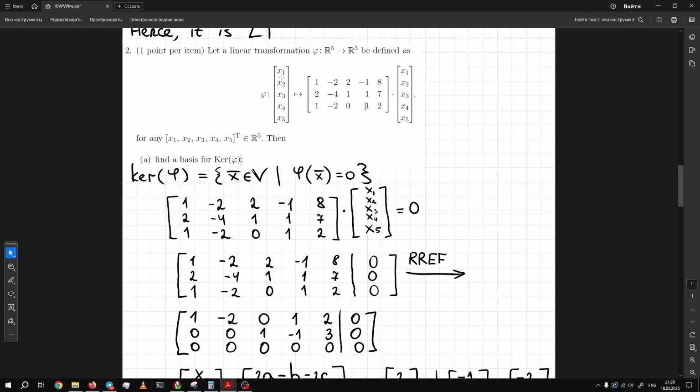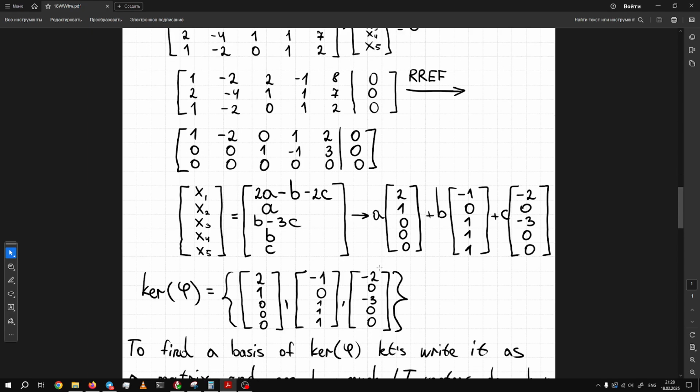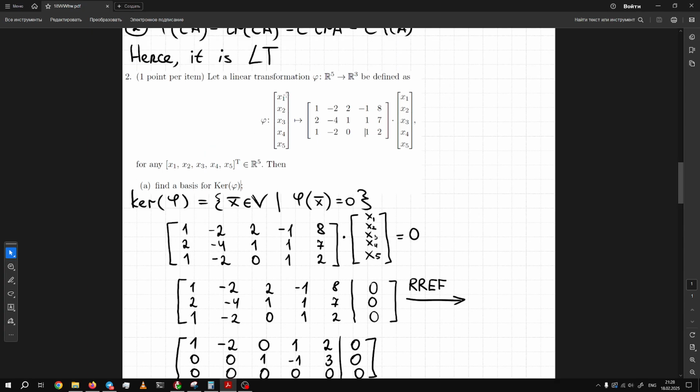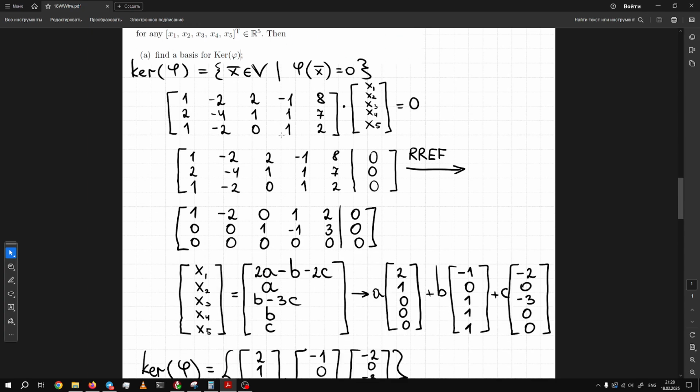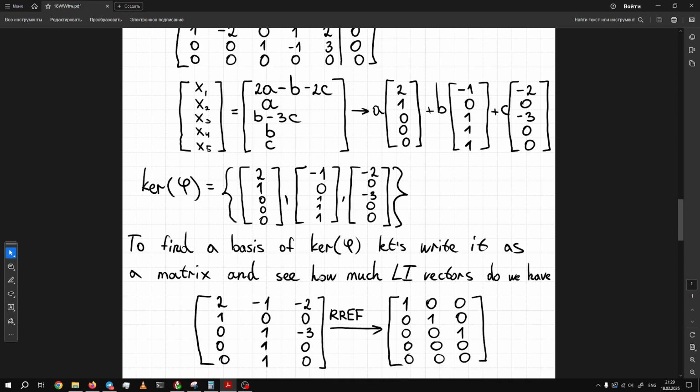We have just some x, you know, and so this depends on this vector. So if we have some x's, then we need corresponding A, B, and C for this. So kernel is equal to this one, the set of three vectors.